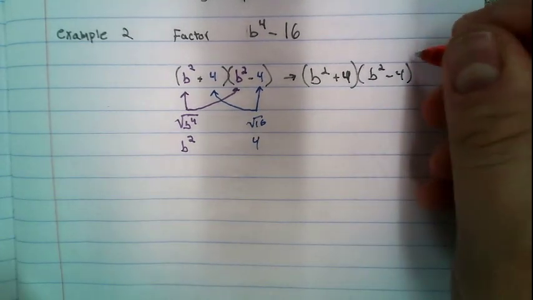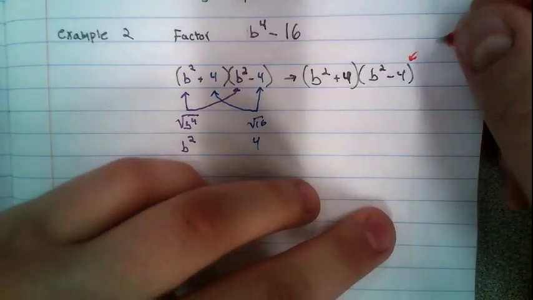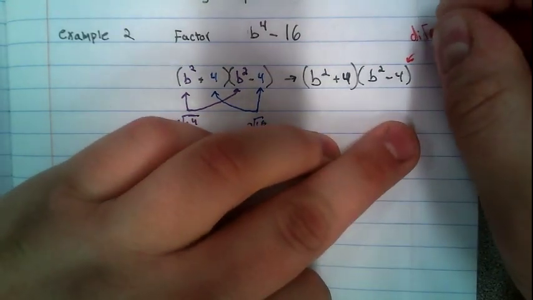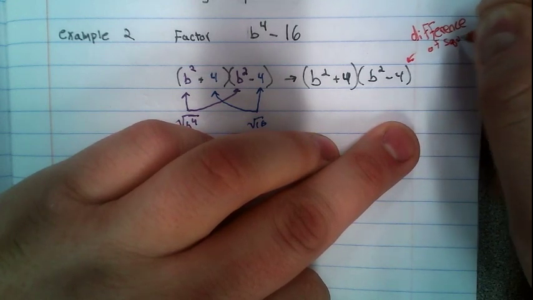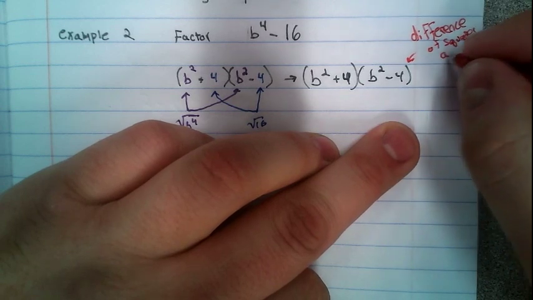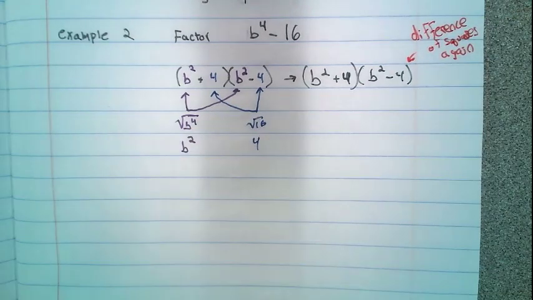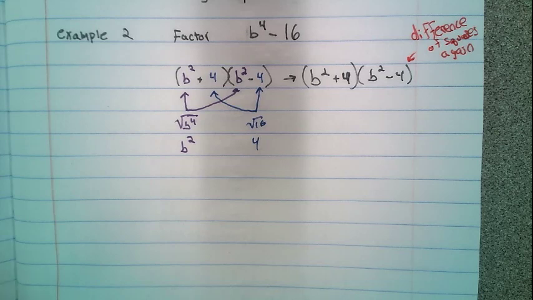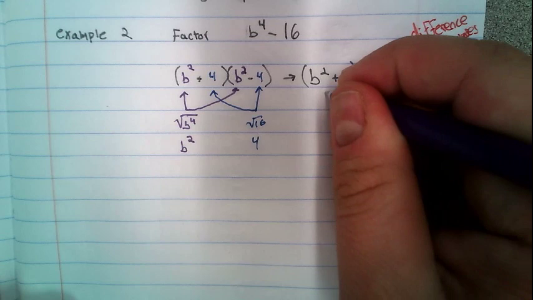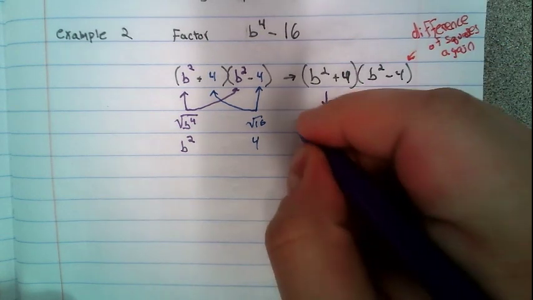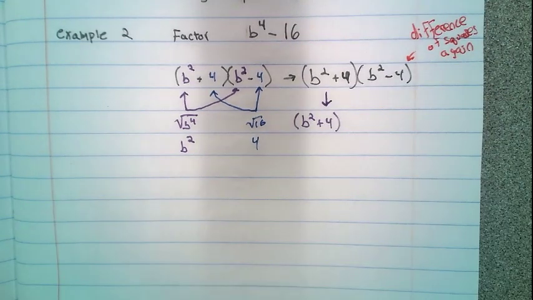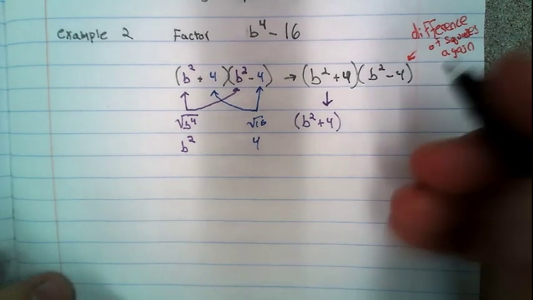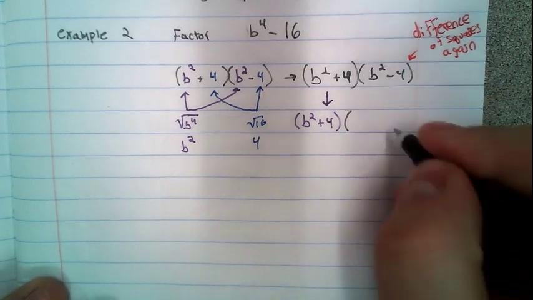You see this one here? Difference of squares again. So I have to do the pattern again. Kind of like almost having a greatest common factor, b squared plus 4 is going to come along for the ride, because I have to show that that is still part of the original equation. And now I split this one up.